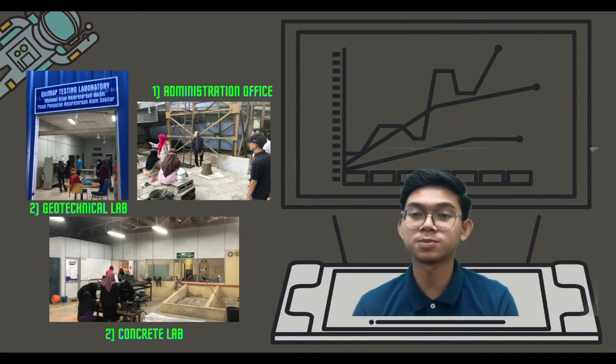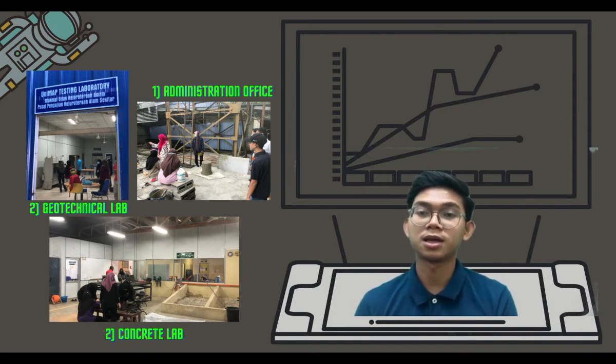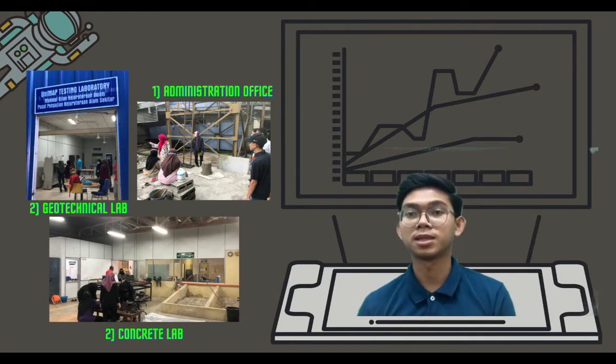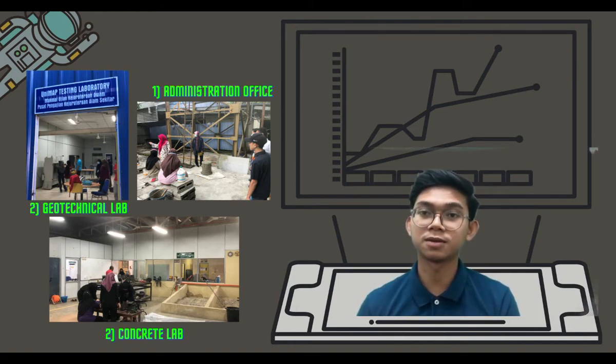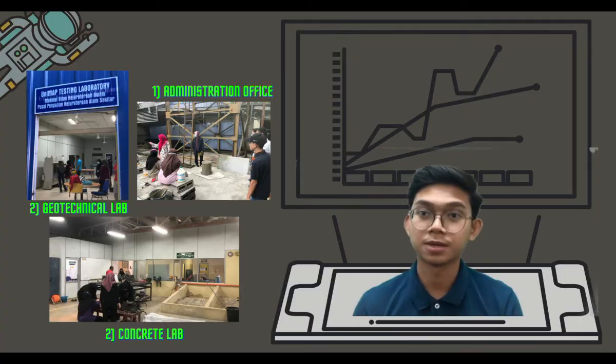These three spaces will be used by the students and the lecturer because there is insufficient space for the students and the lecturer at the laboratory. This is why we need to build a new laboratory in the Faculty of Civil Engineering Technology in UNIMAP at Jejawi. So thank you.